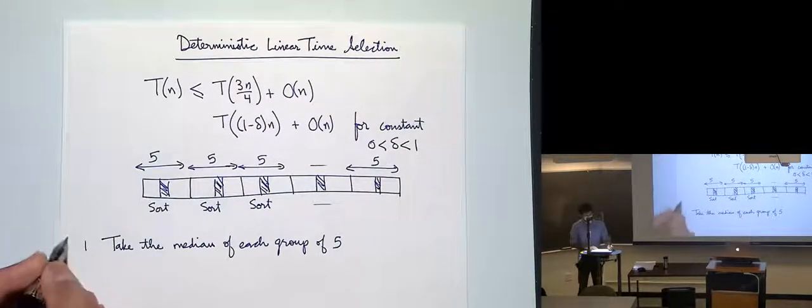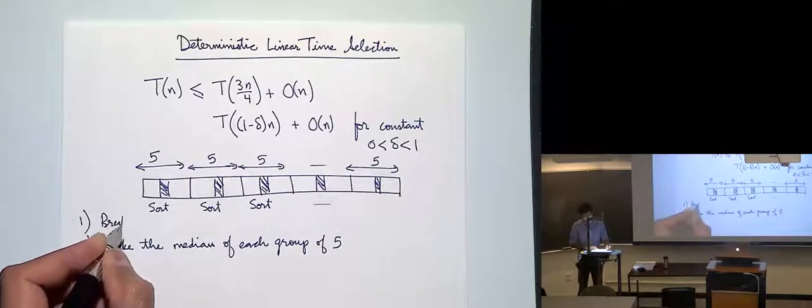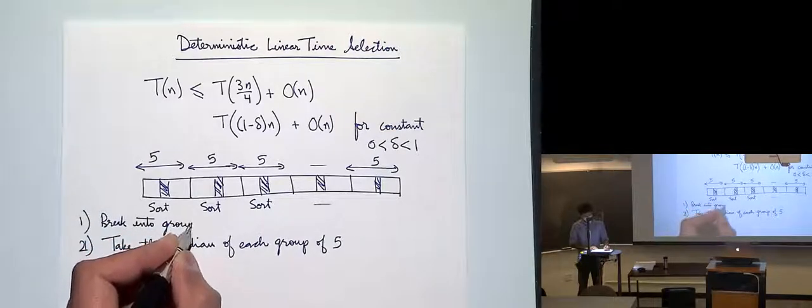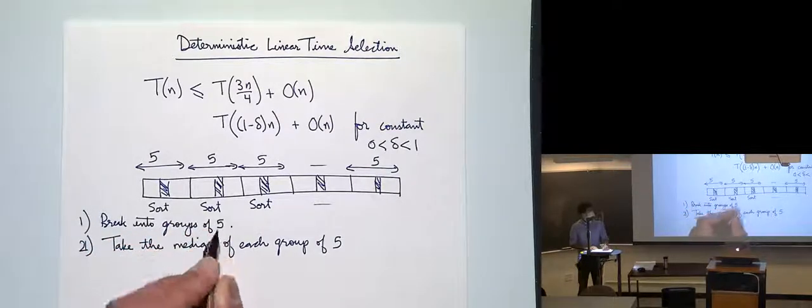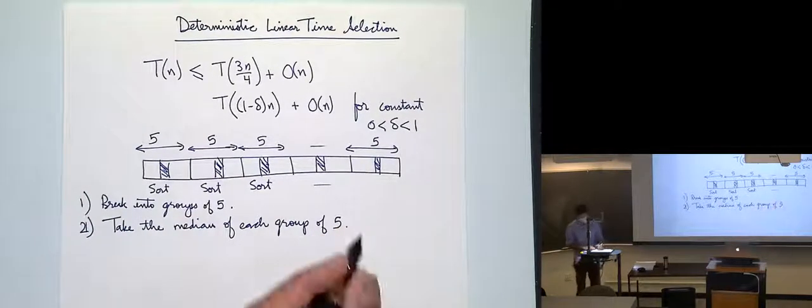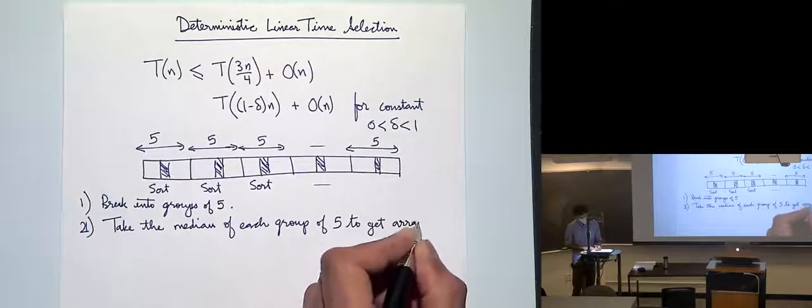So this is really step 2. Step 1 is break into groups of 5. The second step is take the median of each group of 5 to get the array.